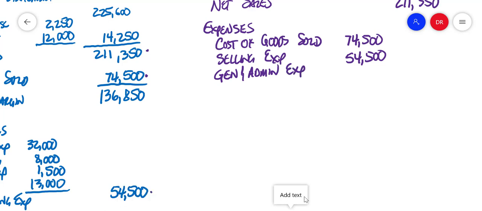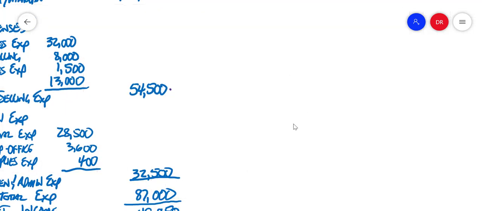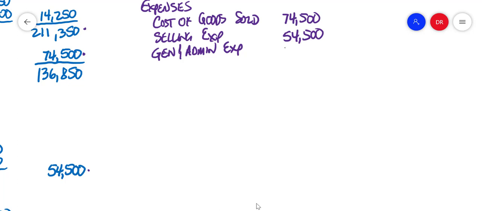And we're going to go down here and use this 32,500. Okay, then we're going to do a subtotal here of all the expenses. So total expenses. Because we're doing this differently, we're going to include cost of goods sold with the operating expenses.